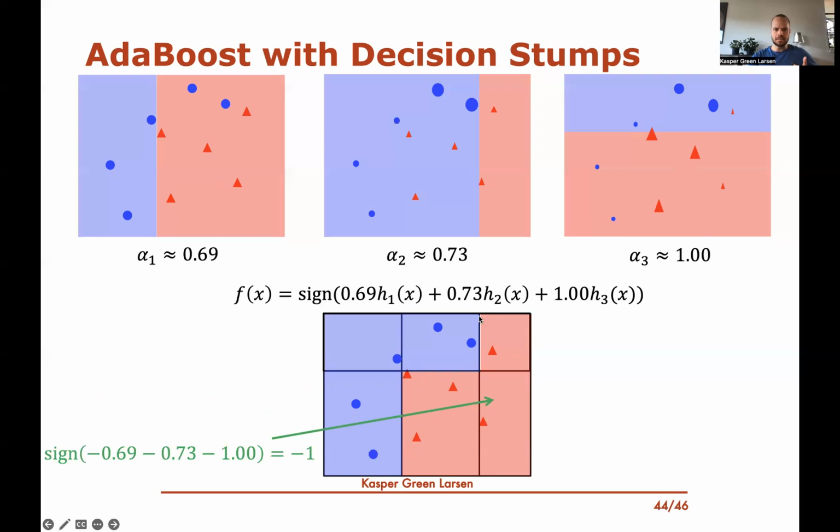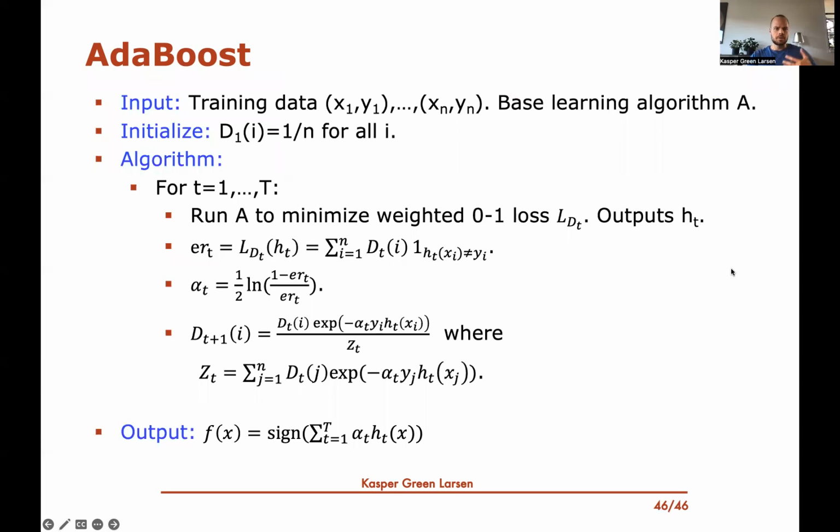And as you can see here, this combined classifier perfectly classifies all this data, right? It actually creates a decision boundary that does not correspond to a decision stump, and that perfectly classifies the data that we just saw. Okay, so this is AdaBoost. You just run these iterations where you reweigh the data set each time, where the weights depend on whether you classify correctly or incorrectly.